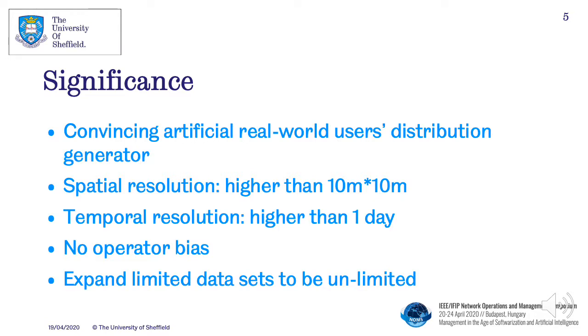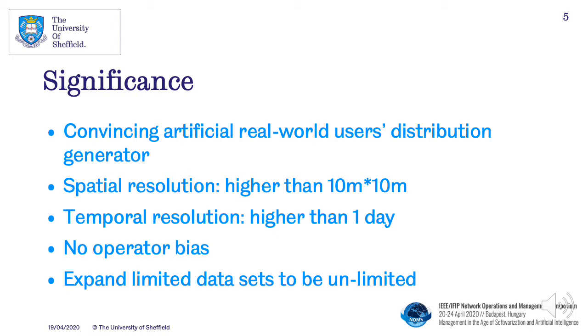In this paper, we design a convincing artificial real-world user distribution generator. The resolution it can achieve is higher than 10 meters, that is, within 10 meters. Yeah, that's a pretty high resolution. And thirdly, the temporal resolution should be higher than 1 day, not 1 week, not a month.